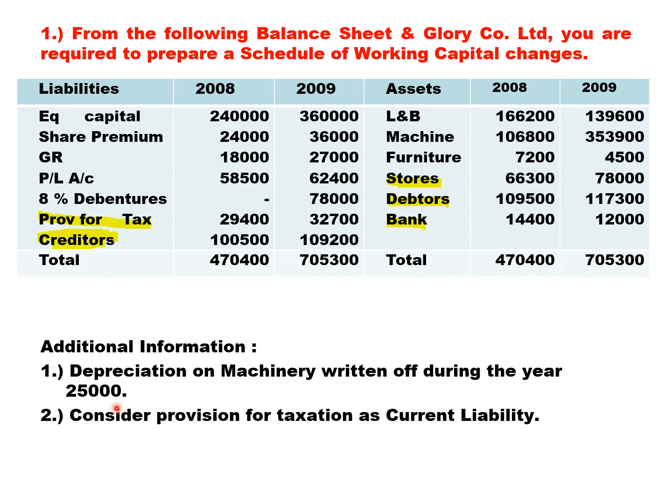For the time being, to prepare the statement of changes in working capital, we require only current assets and current liabilities. So don't take any expenses. Second one, consider provision for tax as current liability. It's not an adjustment, it's information. So therefore, current liability to be considered.